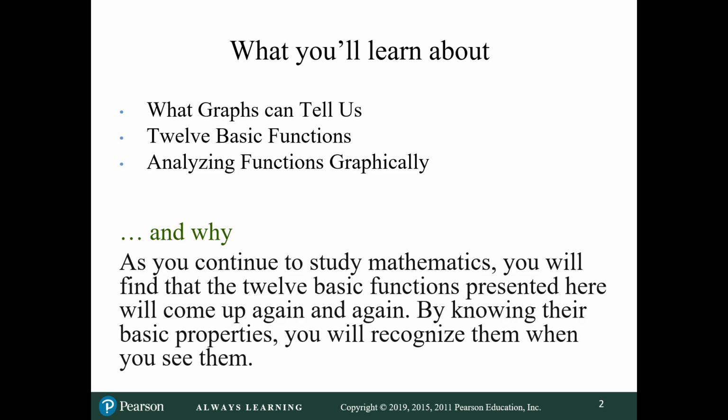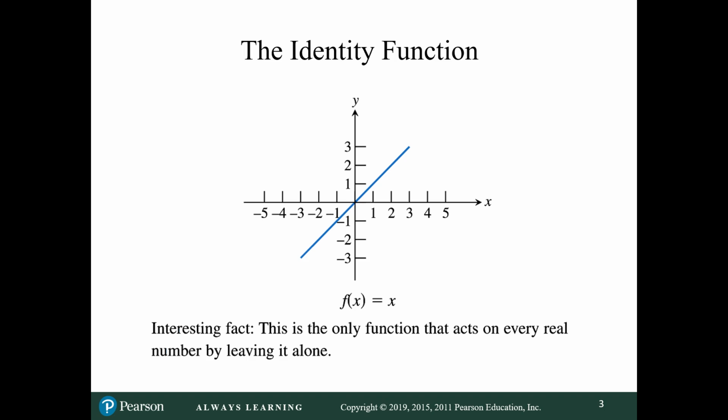We're going to look at graphs, and most graphs are derived from one of the 12 basic functions. Okay, so we'll take a graph and manipulate it so it looks different. Okay, so the first basic function, number one, the identity function, f of x equals x.